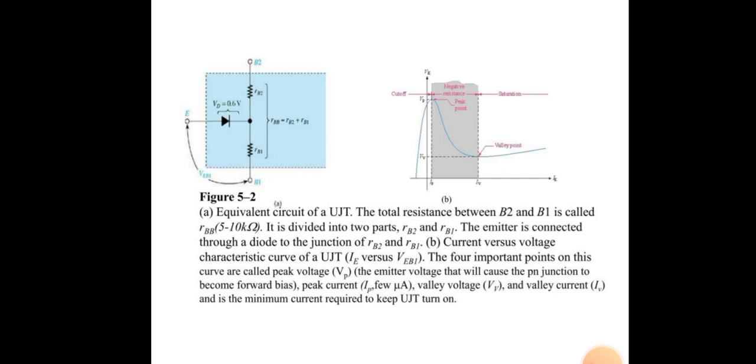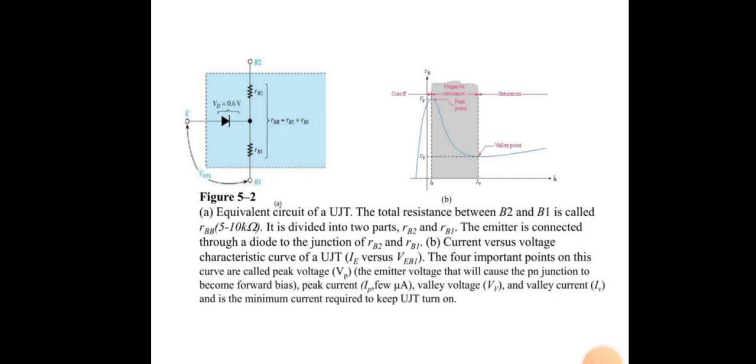And the 0.6 volt is the forward turn on voltage across the silicon PN junction which exists between the emitter and base 1. We all know that when the PN junction is forward biased up to 0.6 volt, it will show almost zero current in the forward characteristics. After the 0.6, the current will vary gradually. So this 0.6 volt represents the forward turn on voltage across the PN junction.